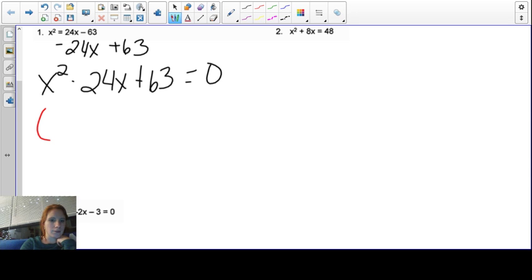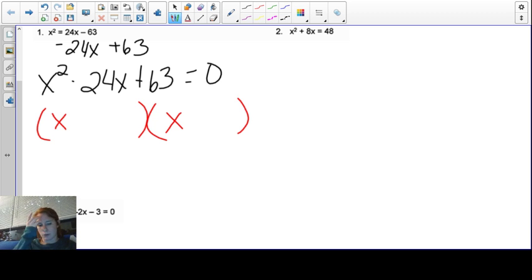So I'm going to have my two sets of parentheses of x and x. And what goes into 63? I've got 63 and 7, but that doesn't give me 24. So, not 63 and 7, sorry, I got 9 and 7. 63 is 21 and 3.